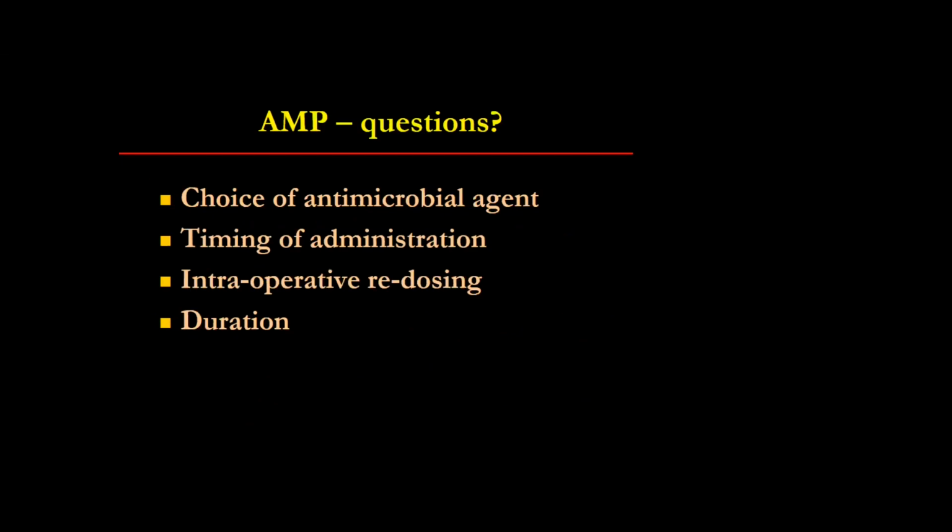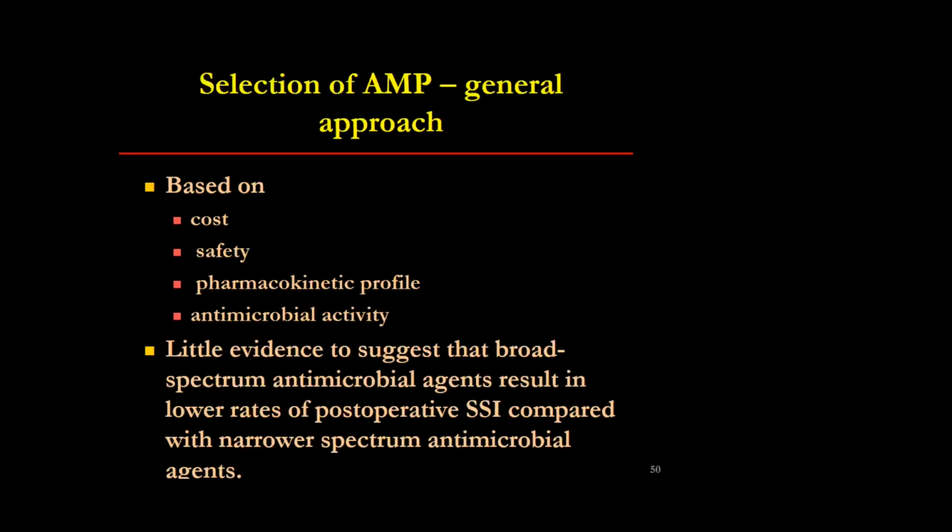So how does one choose? Well, obviously, it will depend upon the antimicrobial activity that one wants to counter. At the same time, one would consider cost, safety, and pharmacokinetic profile of the particular drug that we choose. And I think we have to remember now that broad spectrum antimicrobial agents result in lower rates of post-operative SSI compared to narrow spectrum antimicrobial agents.